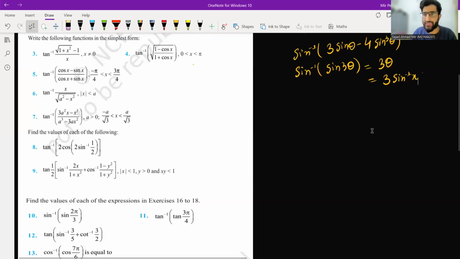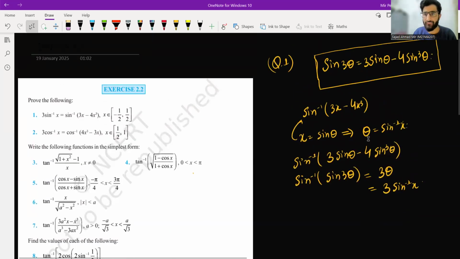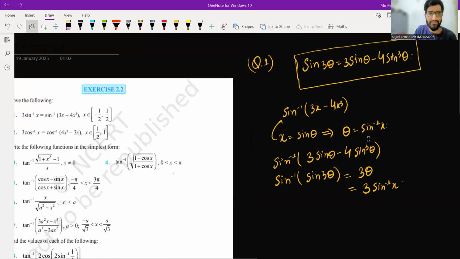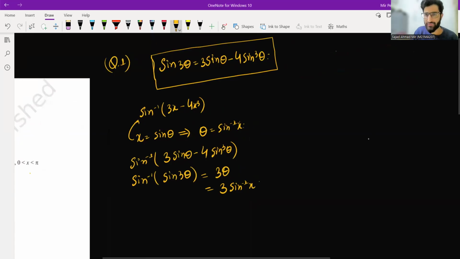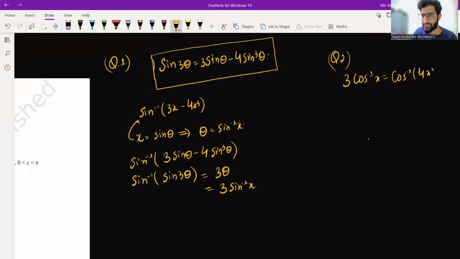Now, moving to the second question. The second question says 3 times cos inverse of x is equal to cos inverse of 4x cube minus 3x.